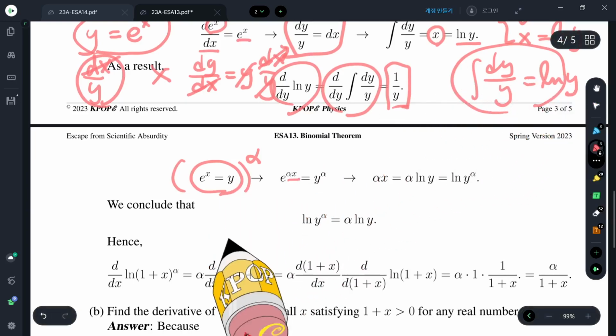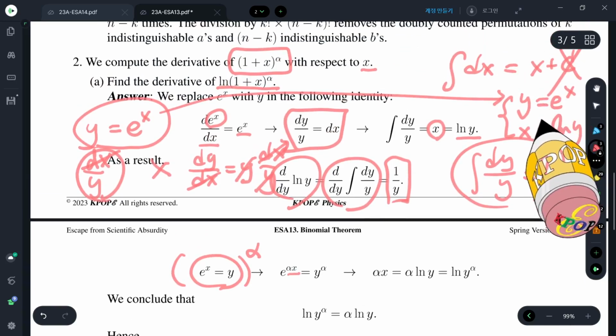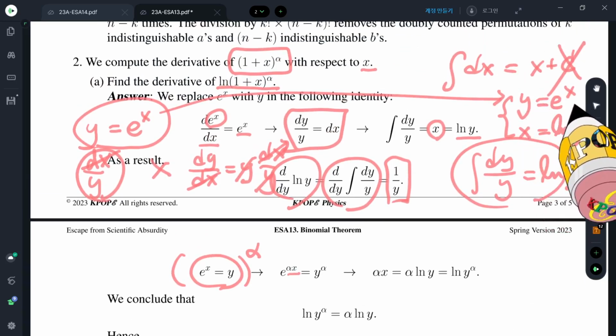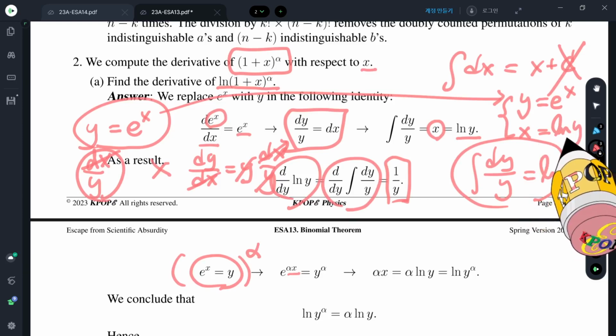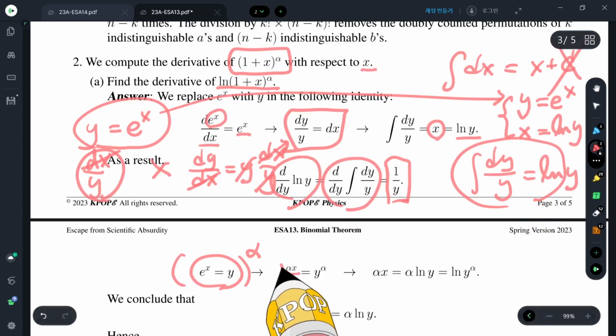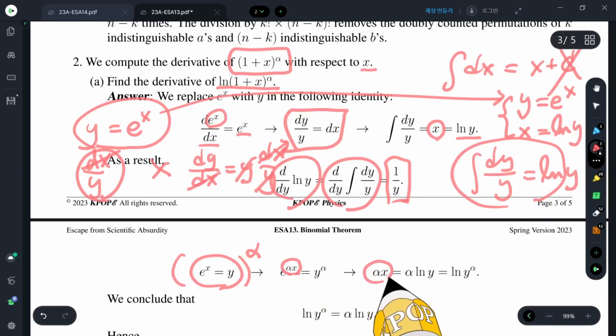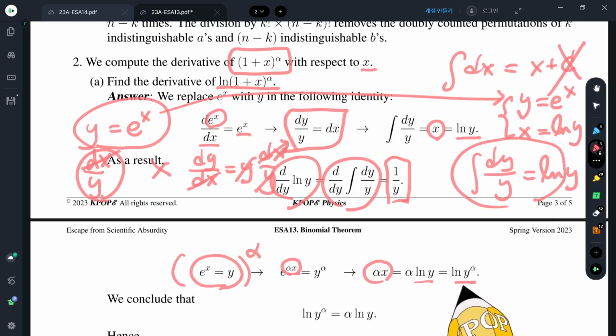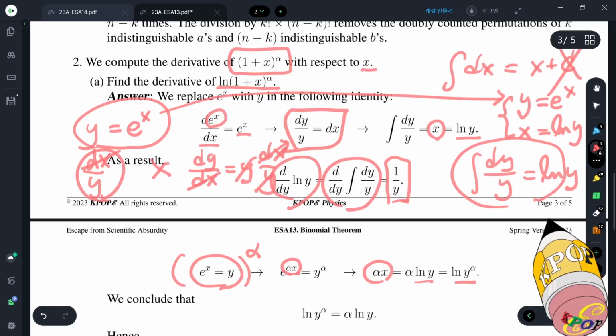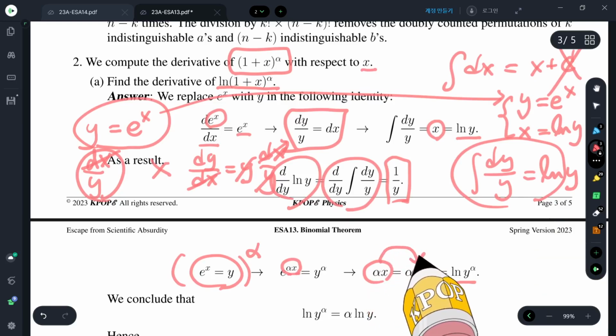We make use of the inverse transformation. y equals e to the x means x equals log y. So this power should be alpha log y. That is the same as log of y to the alpha. We know this because x equals log y.